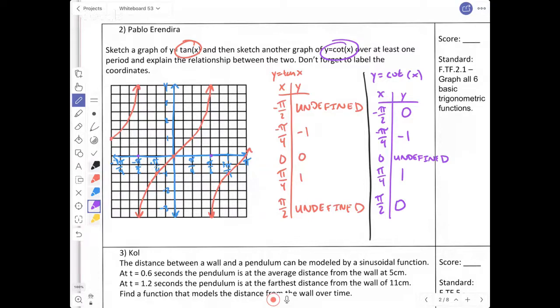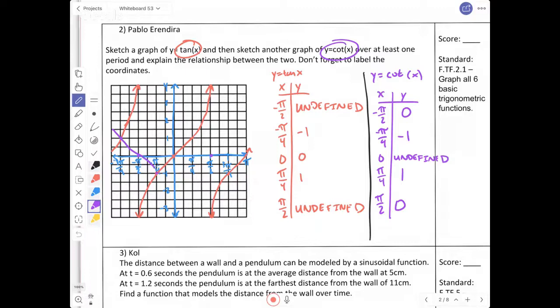So let's see. I should have a graph that's looking something like, oh, this is incorrect. This should be more like there. There we go. The graph is at the same point there and the same point there. And we're coming down from an asymptote over there.